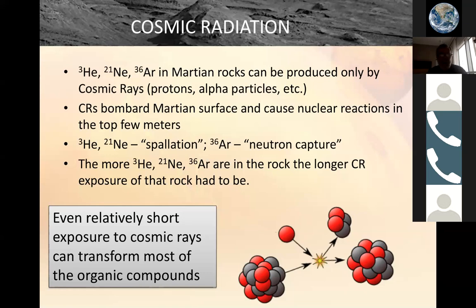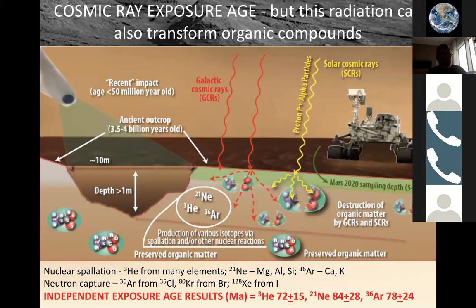But what's really interesting is if we measure these three gases, they give an age for how long this cosmic radiation has been slamming into the surface. And it turns out they all give the same number for a couple of the first samples that we drilled, 80 million years. Why is it 80 million years when the lake was present billions of years ago, much, much longer? The reason is erosion.